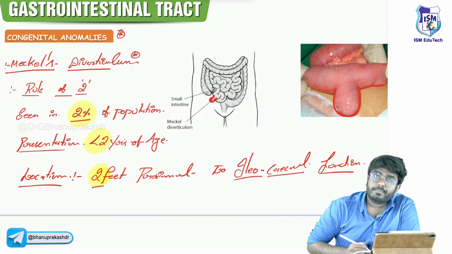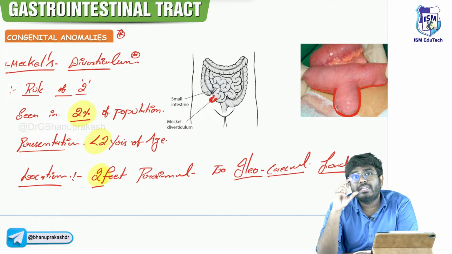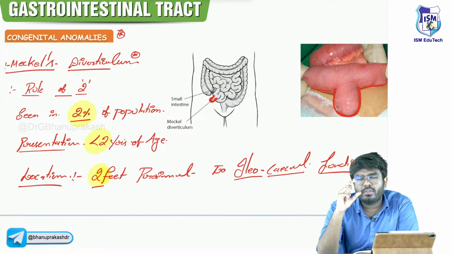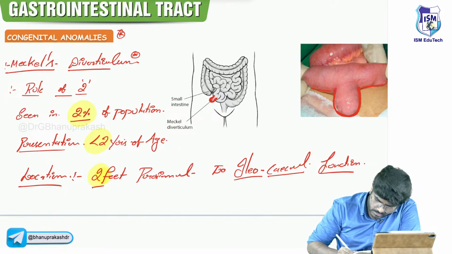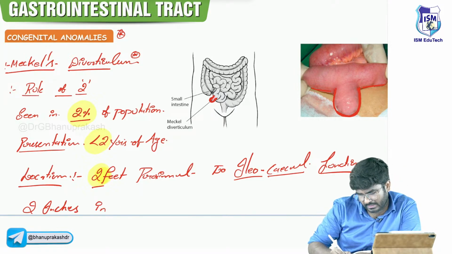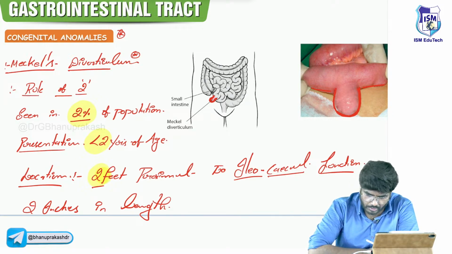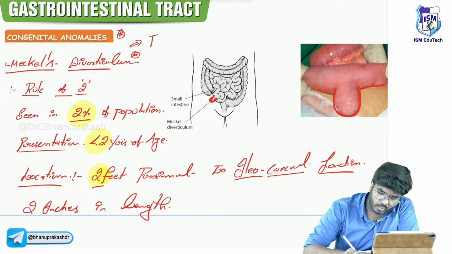Now, is there any other 2? This diverticulum is going to be 2 inches in length. Now, what else I want you to know is, this Meckel's diverticulum is an example of true diverticulum.